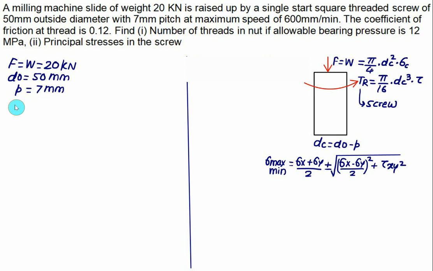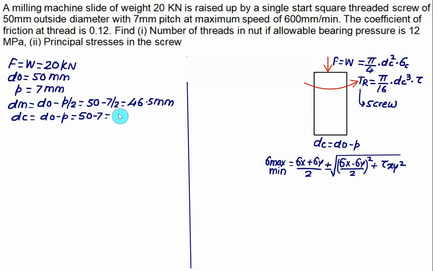DM will be equal to DO minus pitch divided by 2, that is 50 minus 7 divided by 2, which is 50 minus 3.5, so 46.5 mm. Core diameter DC is DO minus pitch, equal to 50 minus 7, equal to 43 mm.